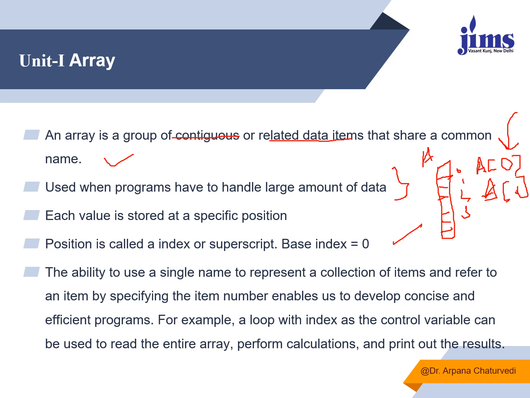The ability to use a single name to represent a collection of items and refer to an item by specifying the item number enables us to develop very concise and efficient programs. In these kinds of programs, we basically use loops, because a loop with the index as the control variable can be used to read the entire array. If we have to read the entire array, we can say start from 0 and go till the length of the array.